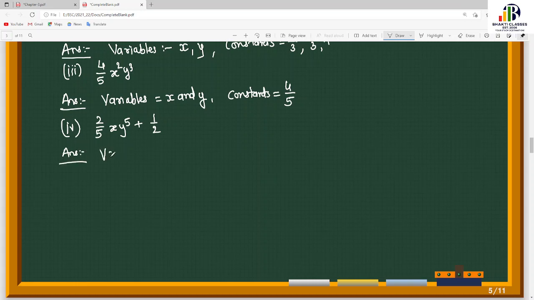Here the variables are x and y, and constants are 2 by 5, 5, 1 by 2. So powers can also be considered as constants.